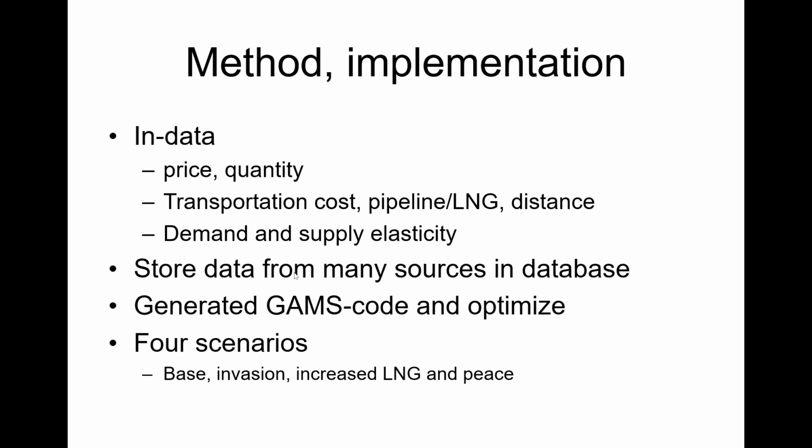So we stored data from many different sources in a database, and then we generated, using programming code, GAMS code, General Algebraic Modeling System code, which is a special program that can be used to solve this type of optimization problem. And we ran 4 scenarios: the base, invasion, increased LNG, and peace scenario.